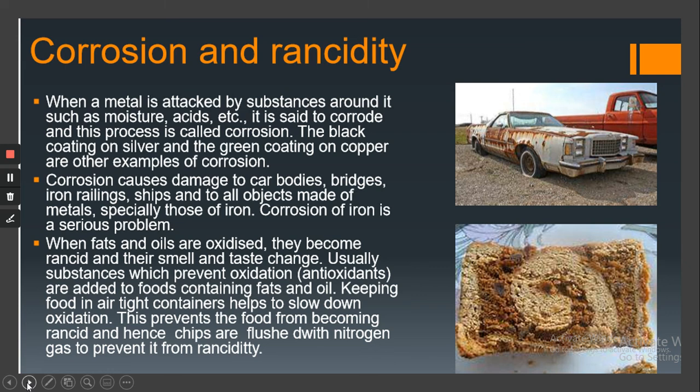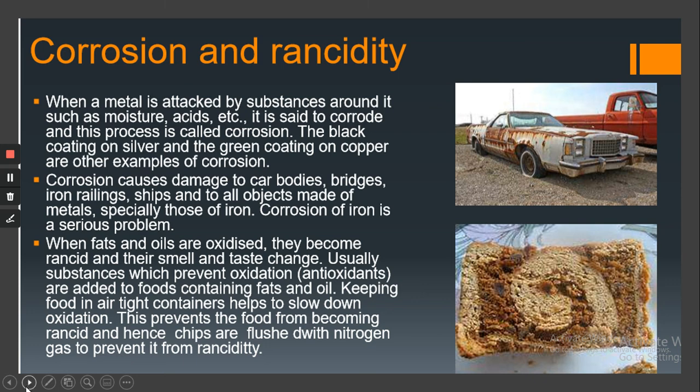Corrosion causes damage to metallic substances like car bodies, bridges, iron railings, ships, and all objects made of metal, especially those of iron. And corrosion of iron is known as rusting of iron. This corrosion of iron is a very serious problem because in our daily life many things are made up of only iron.